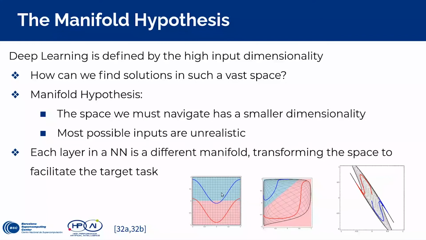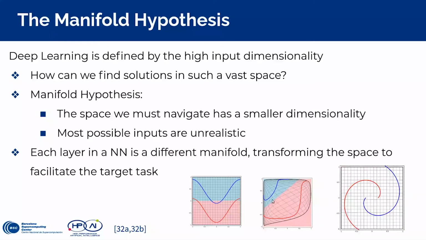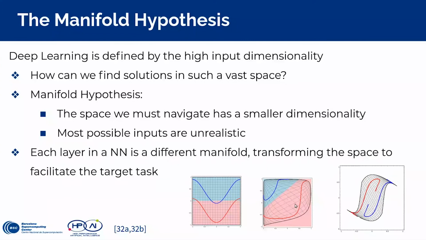What the neural network does when it has several layers is modify the representation of the data so that it can be separated linearly. Now this is the same data, but the space has been altered by the nonlinear transformation of the neural network, so that after the transformation we can separate the blue and the red data with a line.